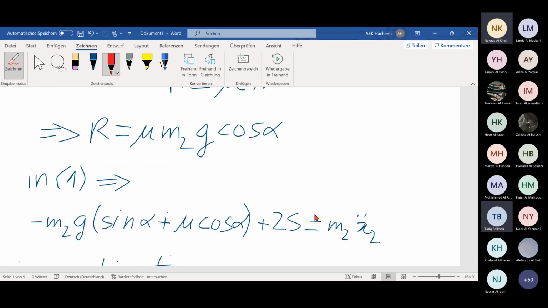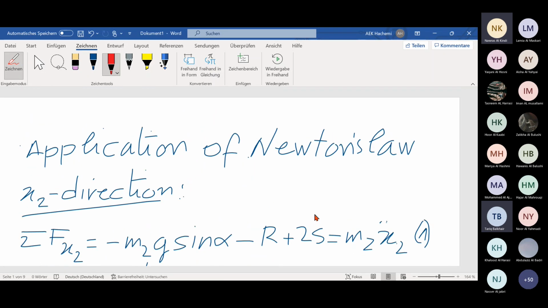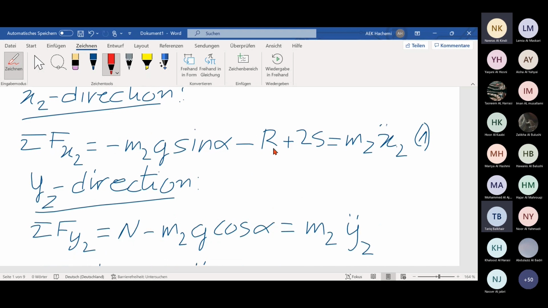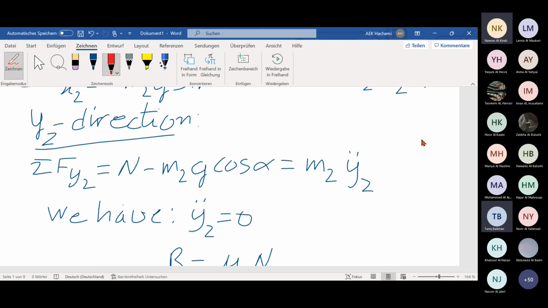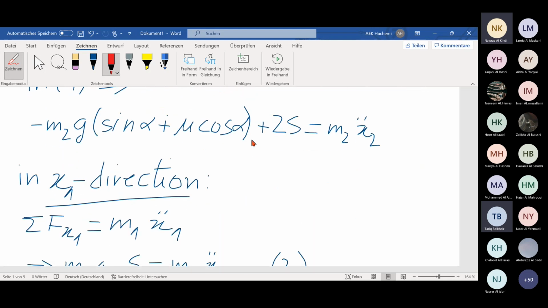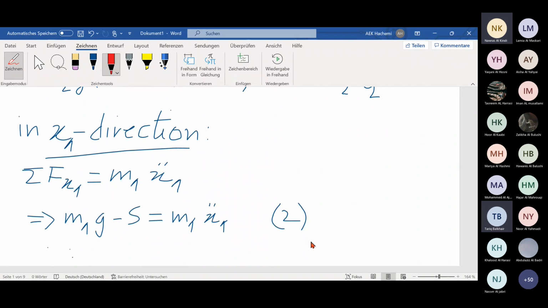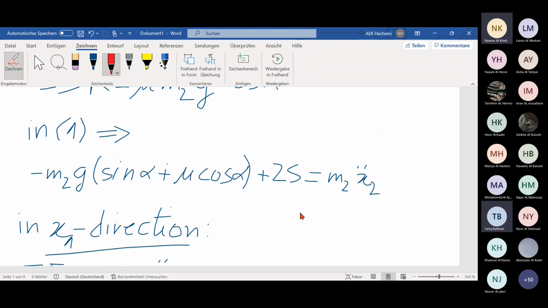Why can we not solve the problem otherwise? Because when you see R, we have two equations. One is equivalent to 1 prime from D'Alembert. We have the equation 2, sorry, I make a small mistake.